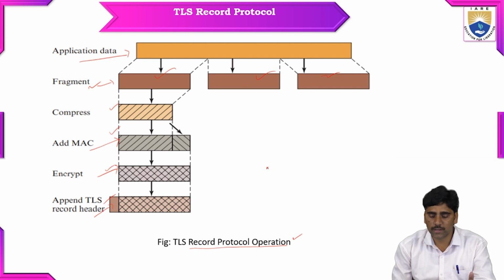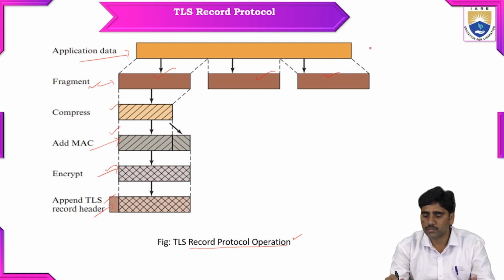So here is the diagram for the TLS record protocol operation. First is the main application data, which is received at this level and divided into blocks or fragments. Each fragment is then compressed.